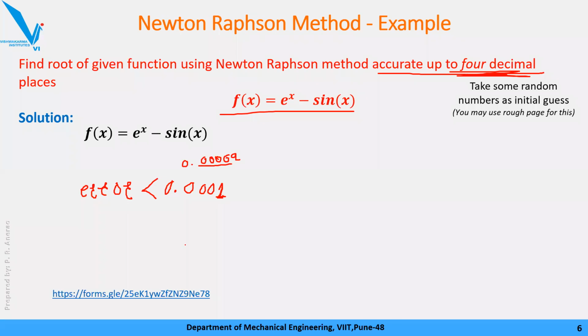If you would like to write a condition for that, you can write it like this: it should be less than 0.0001. Both signify the same thing actually.